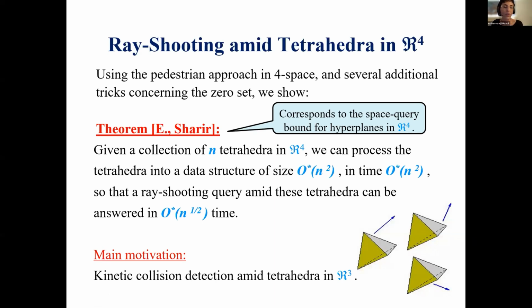We would like to detect a collision by a pair of such tetrahedra. Ray shooting amid tetrahedra in 4-space answers the question whether an apex of one tetrahedron meets the facet of another tetrahedron. This is exactly the question of ray shooting in 4-space.